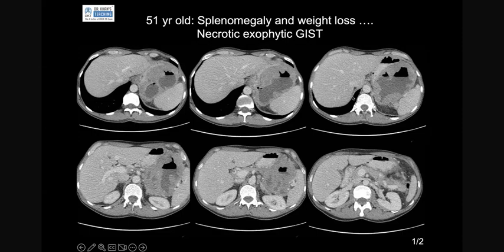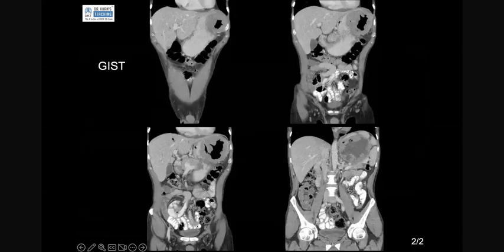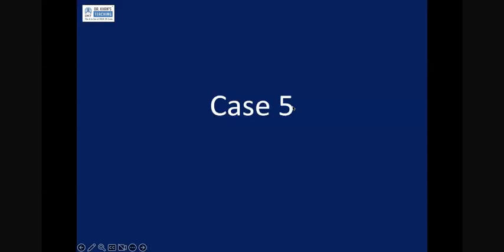And this case, by the way, was malignant, and later on it perforated, and the patient died because of that. So this is an exophytic GIST with central necrosis. The same case here. You can see this is the stomach and this is the exophytic lesion. Now, let me take you through the case.